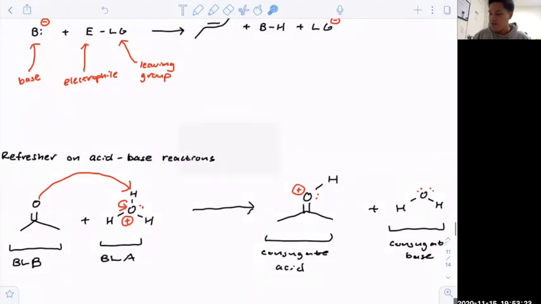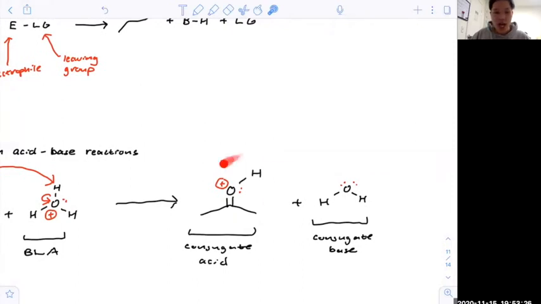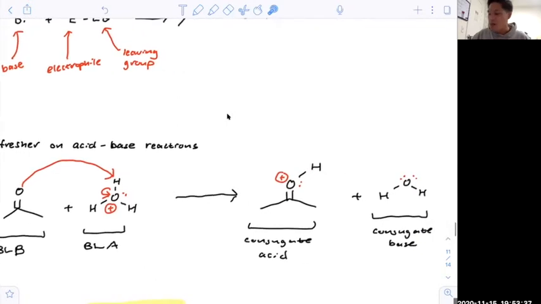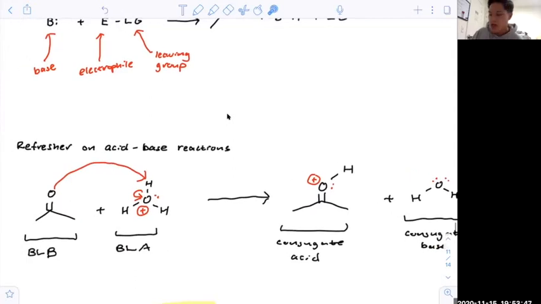And because of that, we form a conjugate acid, which is directly correlated with our Bronsted-Lowry base, right? You can see the conjugate acid just gained that extra hydrogen. And we form a conjugate base, which is directly correlated to our Bronsted-Lowry acid, which now doesn't have the H, okay? So this is just a quick refresher. If you're lost on this, please read up on it. This is going to be important, but I'm going to go over bases and nucleophiles right now, okay?